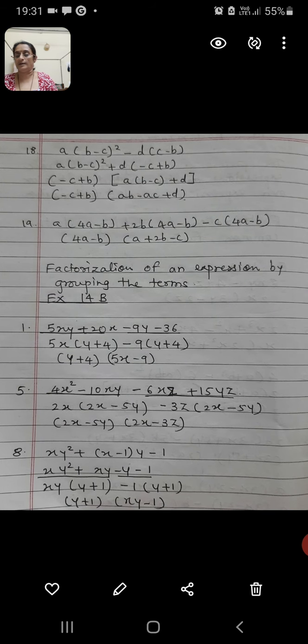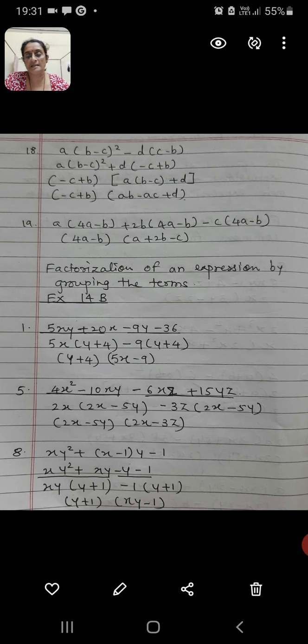That's question number 18. The sum is a(b minus c) square minus d(c minus b). Is there anything common here? So c is negative in the first one, and c is positive in the second bracket. b is positive in the first one and b is negative in the second one.